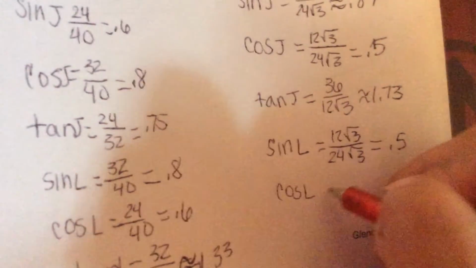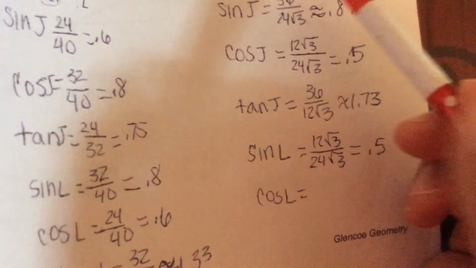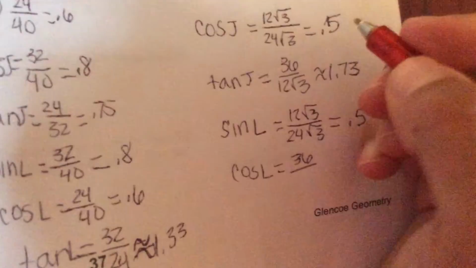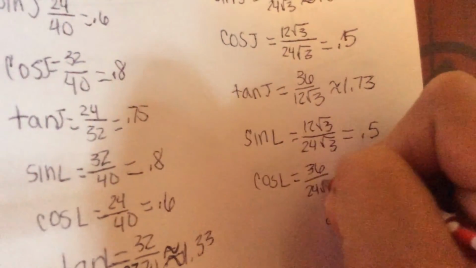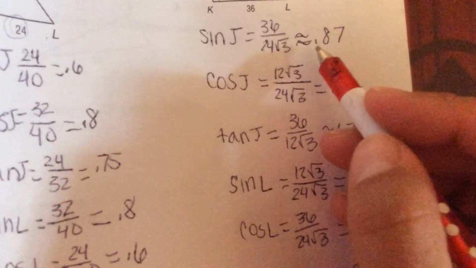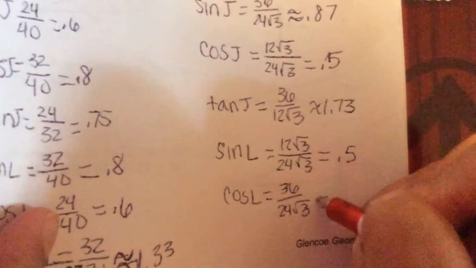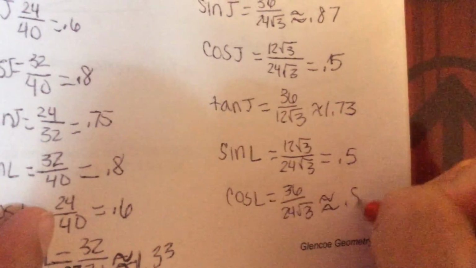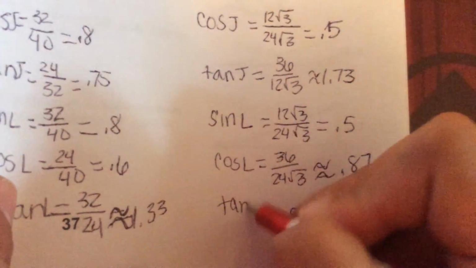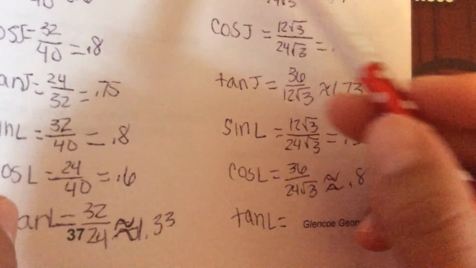Cosine of L is equal to adjacent over hypotenuse. Adjacent is this 36. Hypotenuse is 24 square roots of 3. We know that it is approximately 0.87. And then finally we have the tangent of L, which is opposite over adjacent.